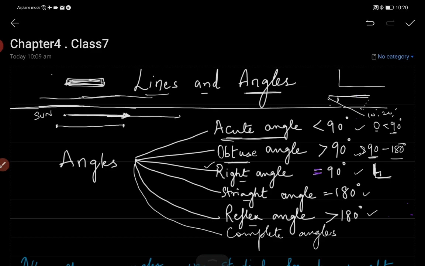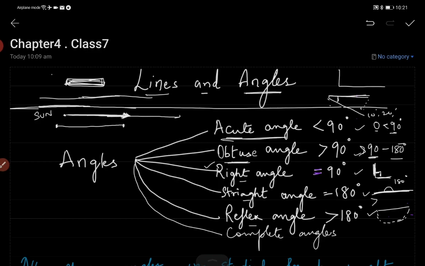And what is a straight angle? It is the angle formed by a straight line, which gives you 180 degrees. What is a reflex angle? It is the angle after 180 degrees, when it is coming back towards 360.